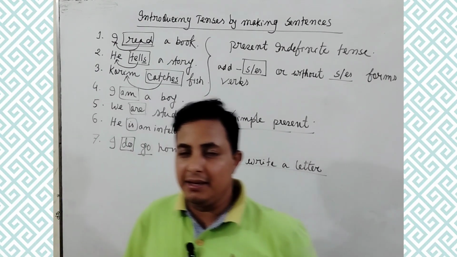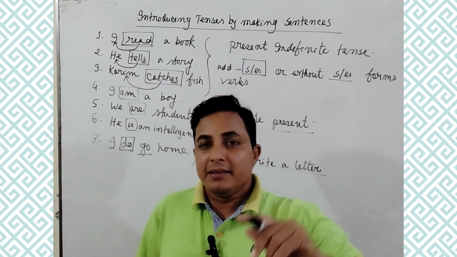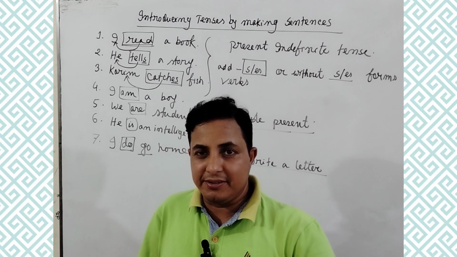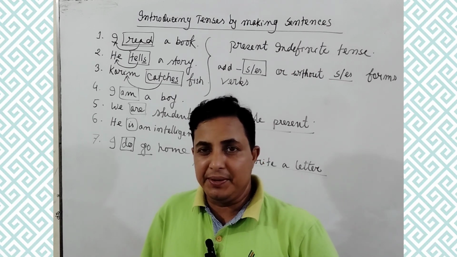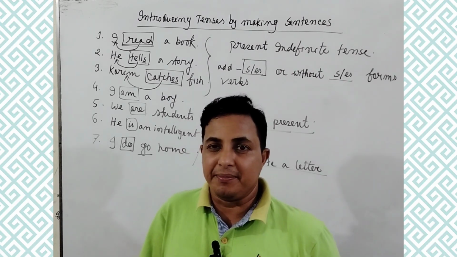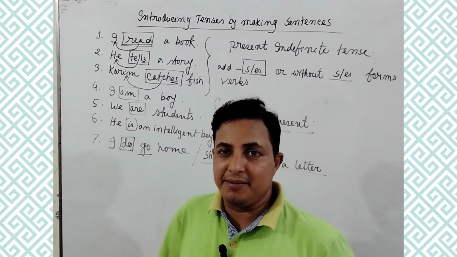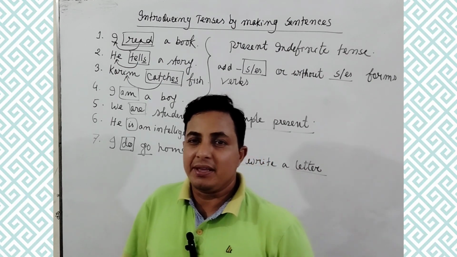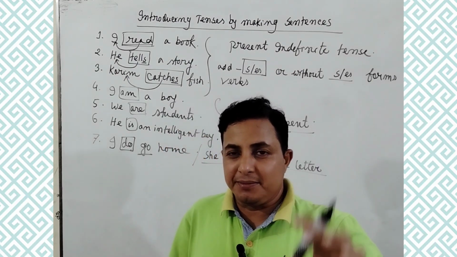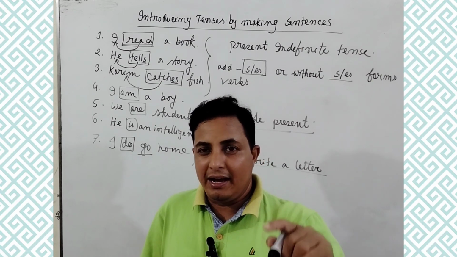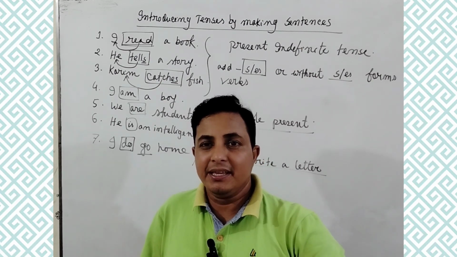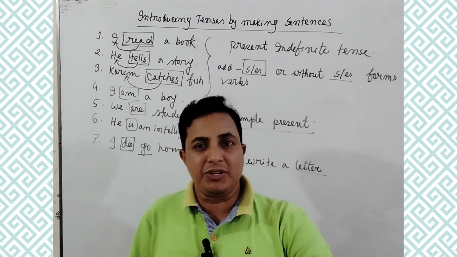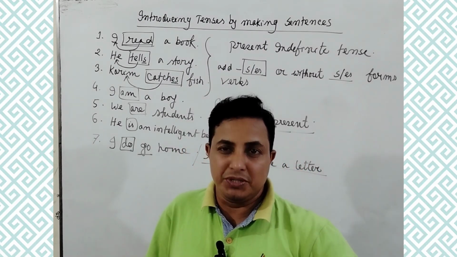Understand? And in present indefinite tense, in the negative and interrogative forms, you can add an auxiliary verb. The auxiliary verb of present indefinite tense is do or does. In this way, only after third person singular number subjects you can use doesn't in negative form, and in the rest of the forms you can use don't.